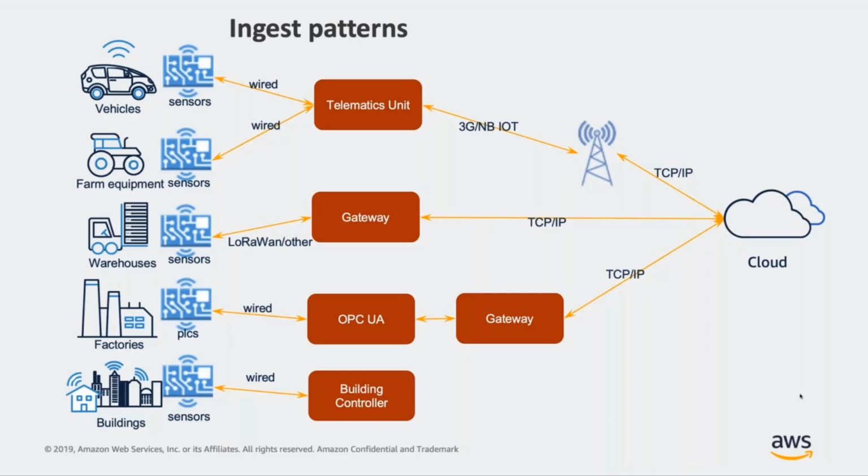Increasingly, even in this scenario, LoRaWAN is becoming a very attractive option. You will again need some sort of a gateway in front of these building controllers to extract data, do protocol conversion, and then send this data to the cloud.